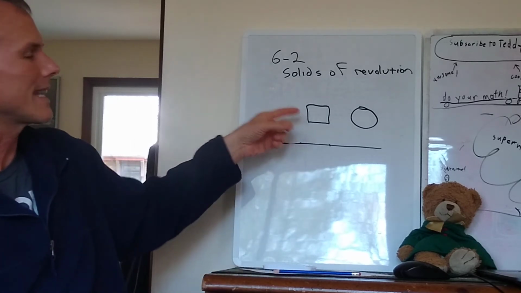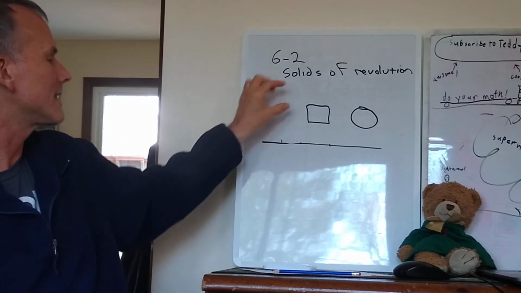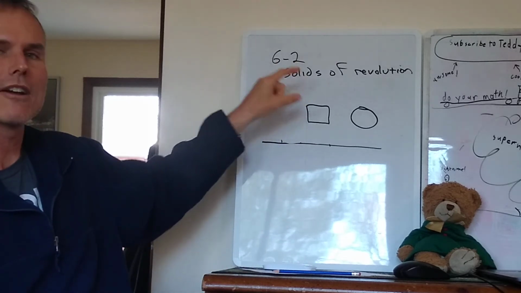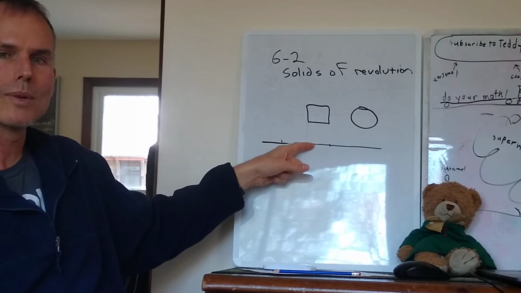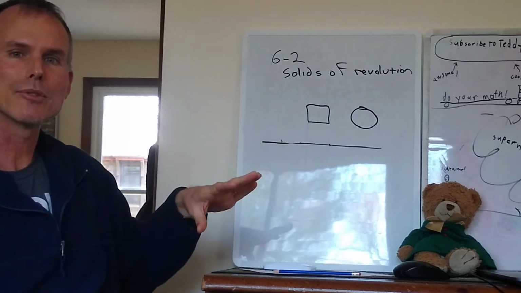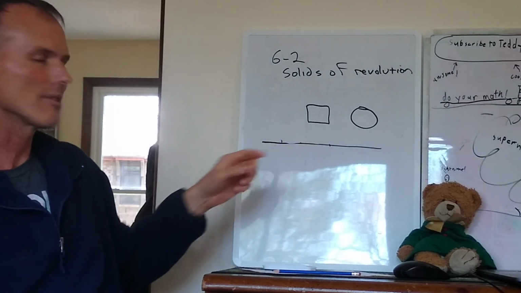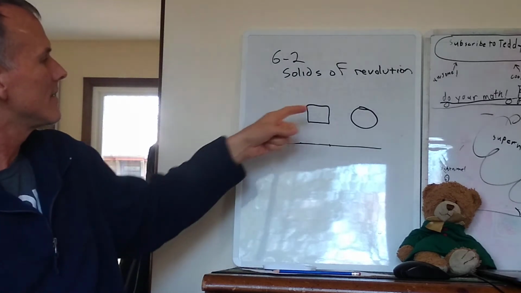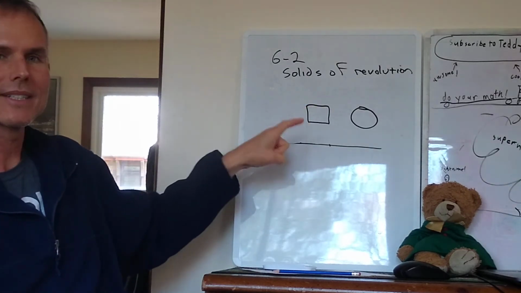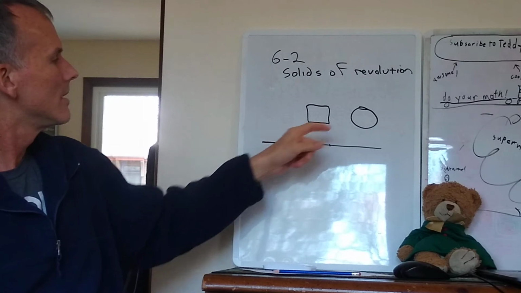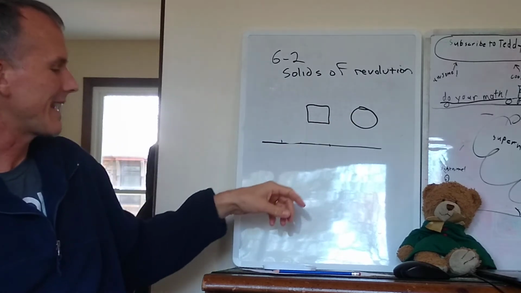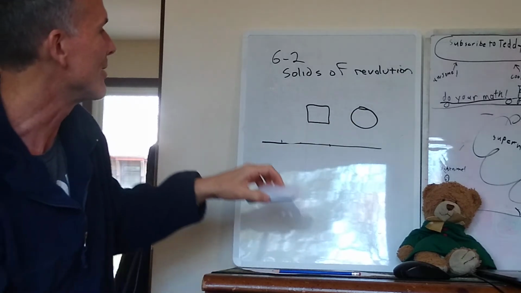A solid of revolution is a solid created by revolving an area around what's called an axis of revolution. This steel beam here is serving as the axis of revolution. If I take a square area around it, I get a squarish donut. If I take a round area around it, I get a regular human donut.